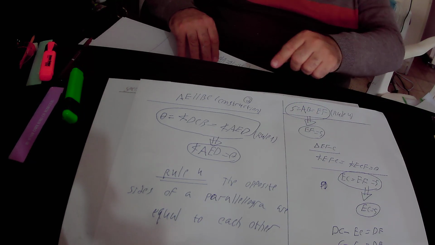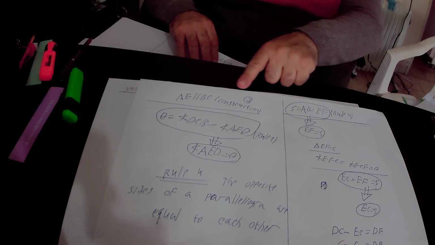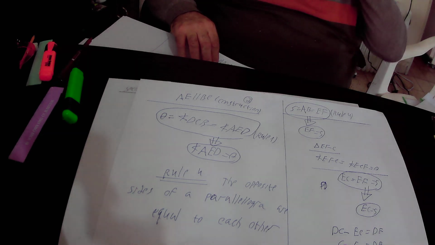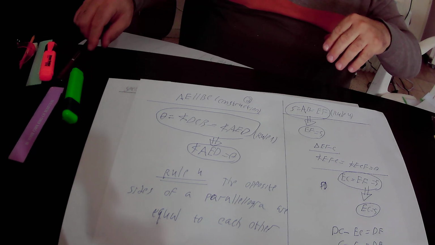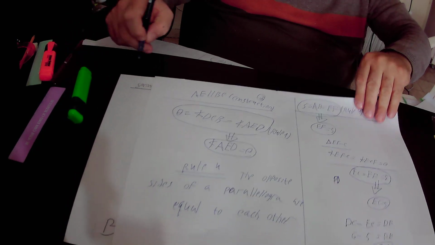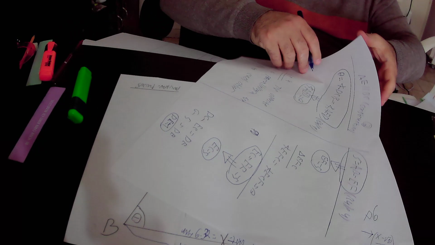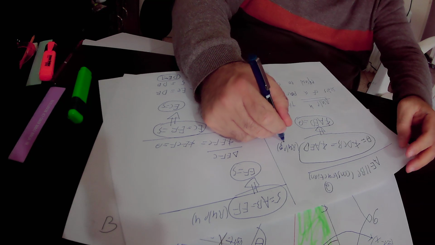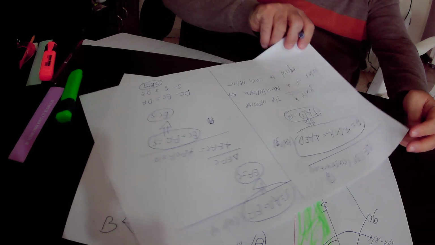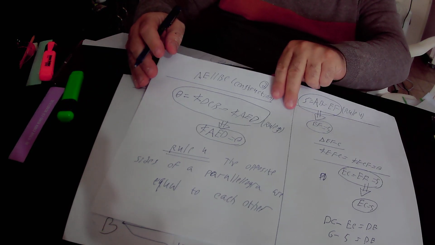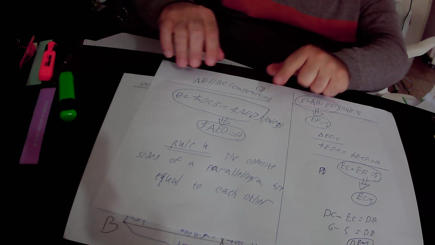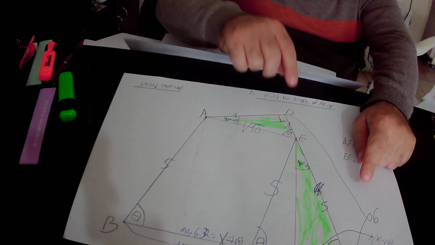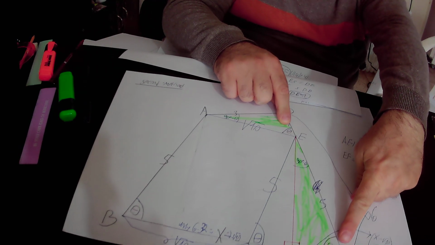Repeat again. AE is parallel to BC according to our construction. Therefore, according to rule number 3, angle DCB equals angle DEA.